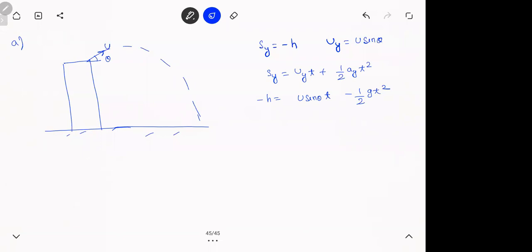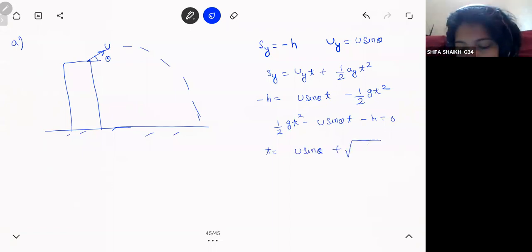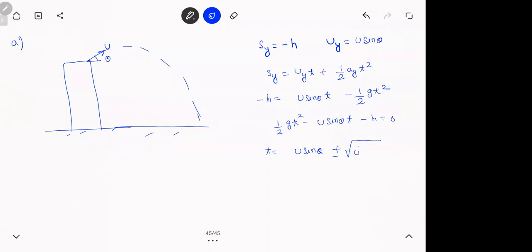Got it? Then quadratic equation. Arrange them. Half g t square minus U sine theta t minus h is equal to 0. So this is minus b plus, I'm neglecting the negative root, square sine square theta.